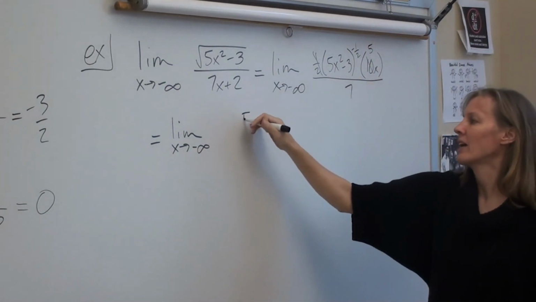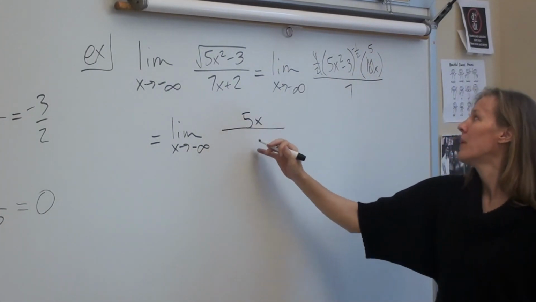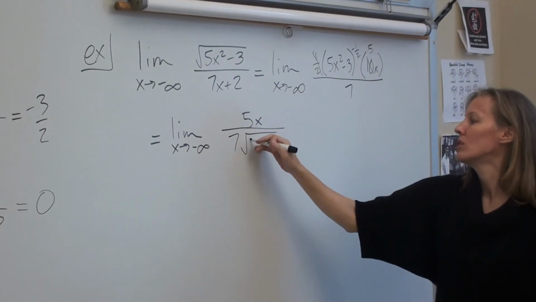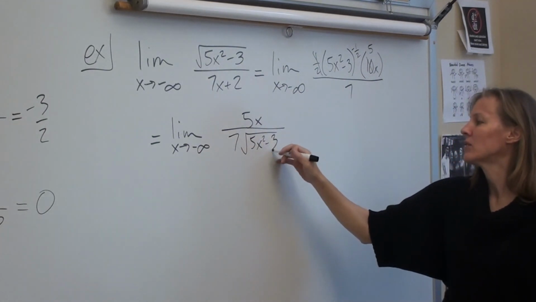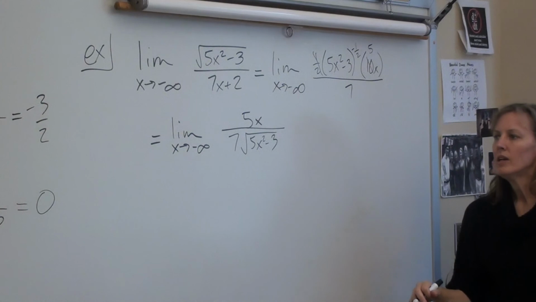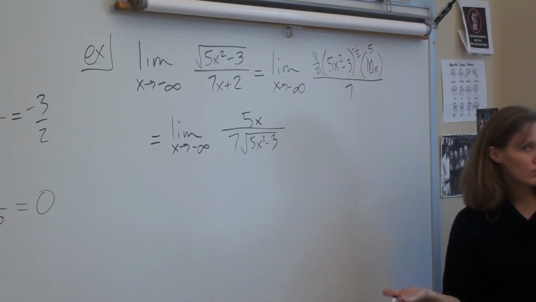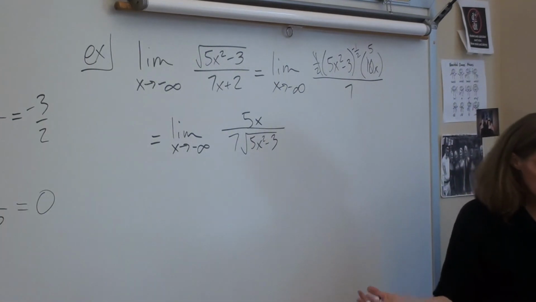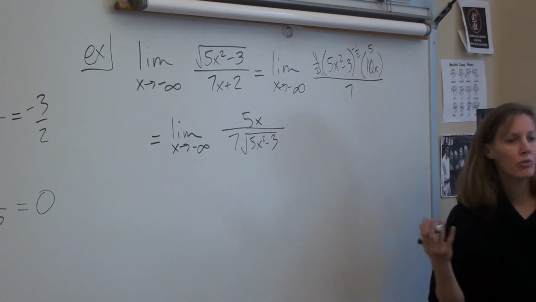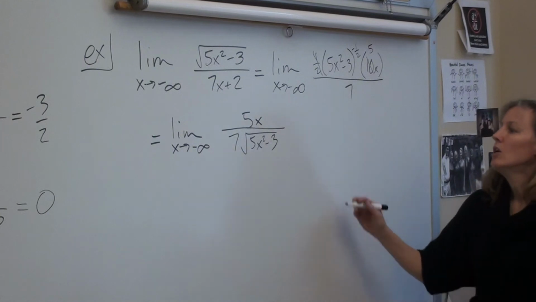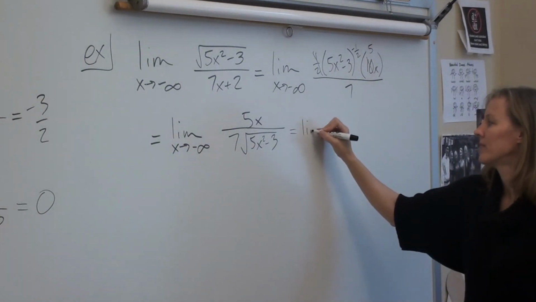So I have a 5x on top. On the bottom, I have 7 root 5x squared minus 3. That still looks like a pain. Now if I plug in, what do I have? You got it again. Infinity over infinity, right? So I L'Hopital again.